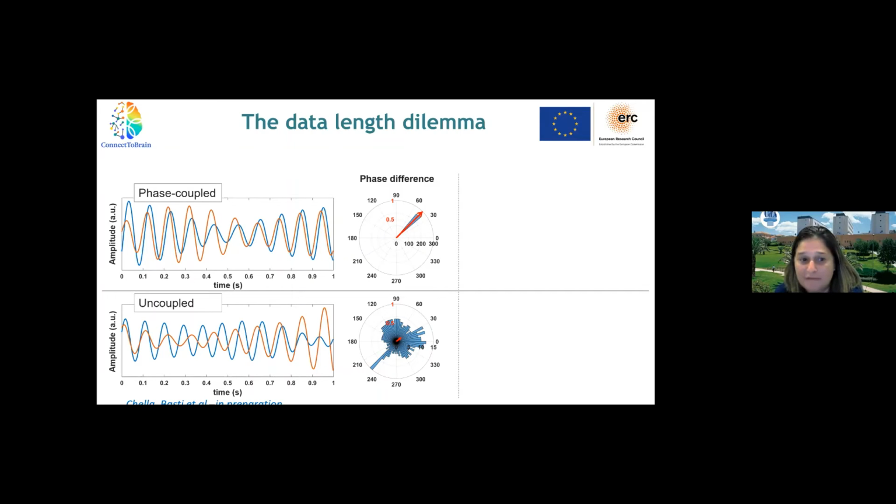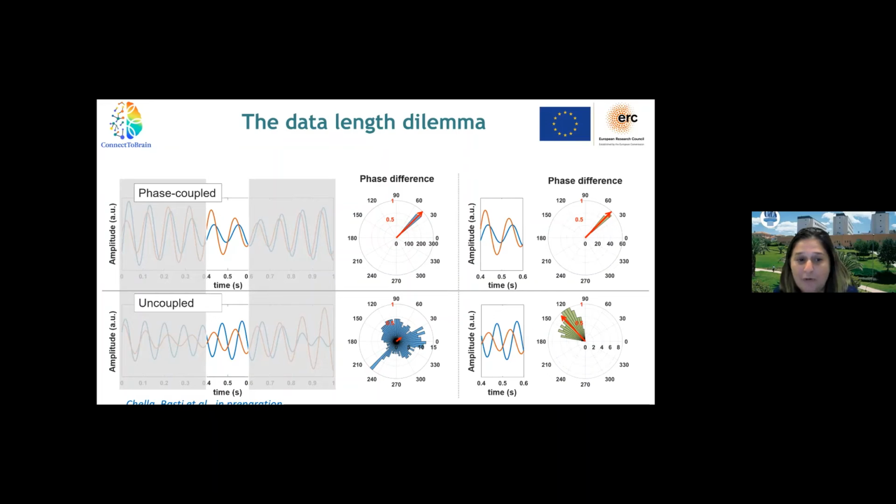If we can use the full amount of data, which in this case is about 1 second, to estimate the phase difference, then we nicely see that the phase difference of the uppermost case is peaked along one direction, whereas the phase difference of the uncoupled situation is scattered around the circle, as we were expecting.